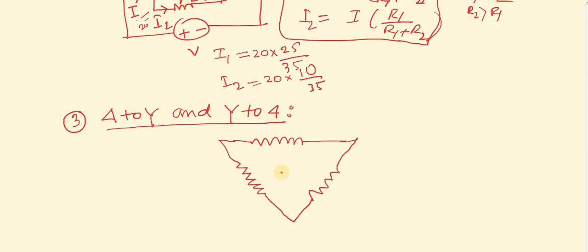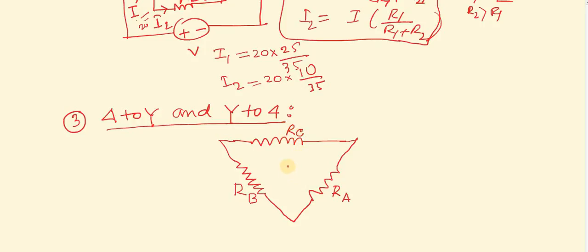Okay, and the value of resistance, say this is our resistance value Ra, this is resistance Rb, and this is Rc.